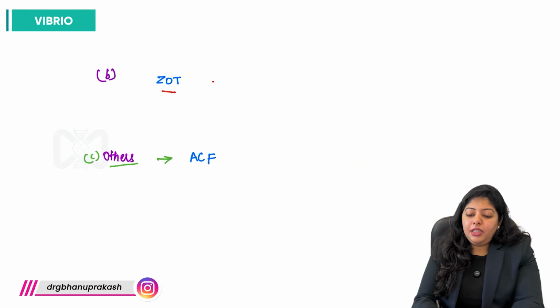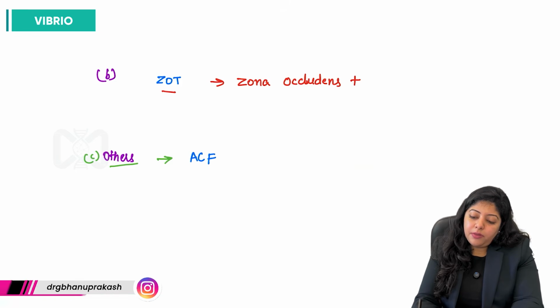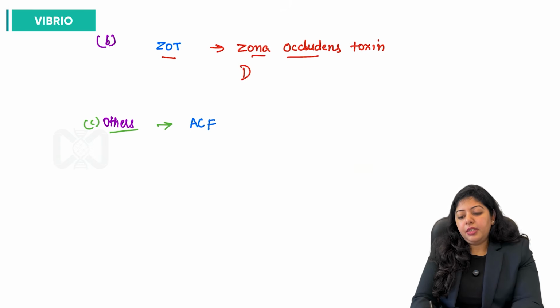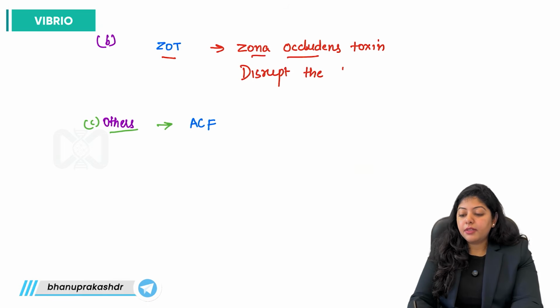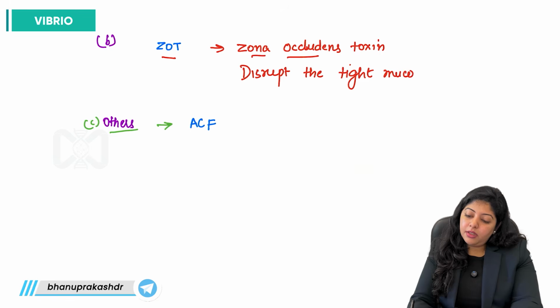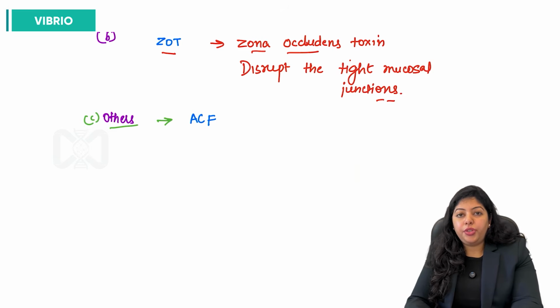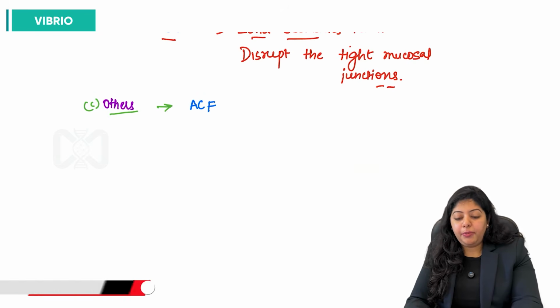Then we have the zona occludens toxin. It is going to disrupt the tight mucosal junctions, which again would be responsible for increased volume of water and increased fluid passage.